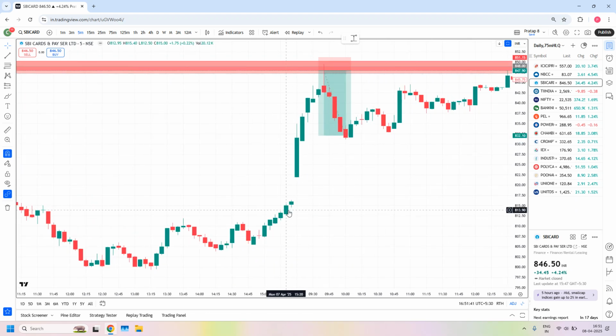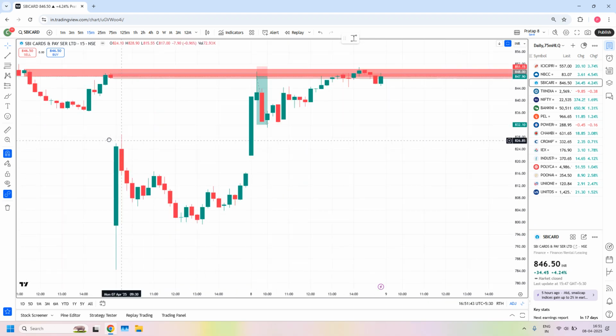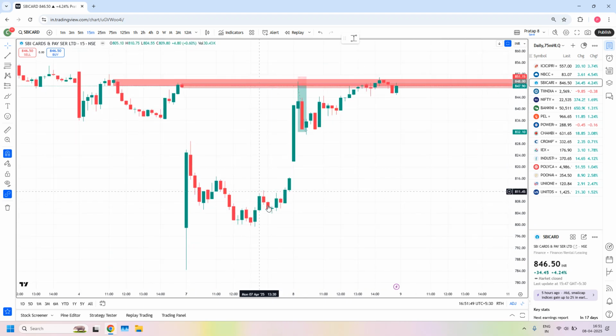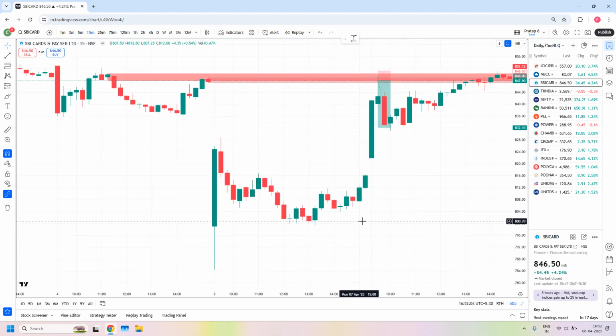The 15 minutes target is somewhere here, but here some gap is also there. So that's why prices will be reaching into the gap area. Maybe some people may keep the target at this gap area. Some people exit at 1:3.